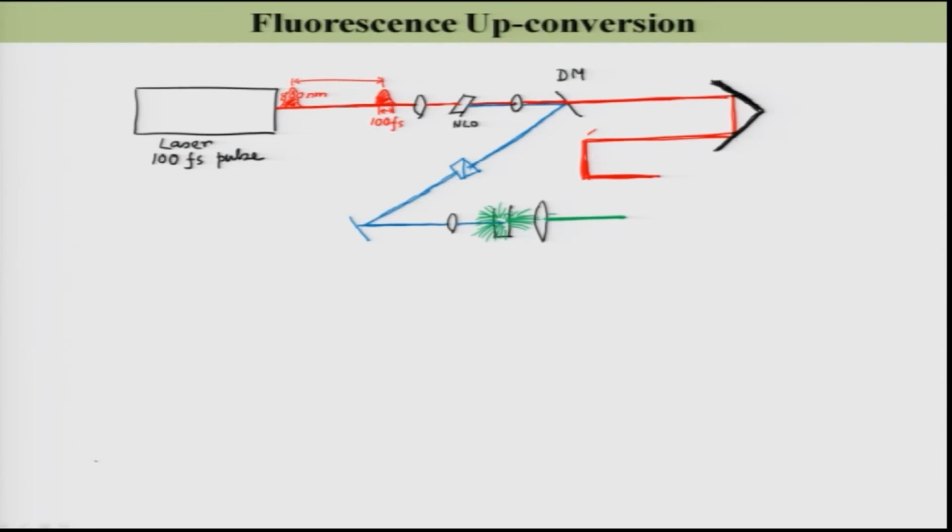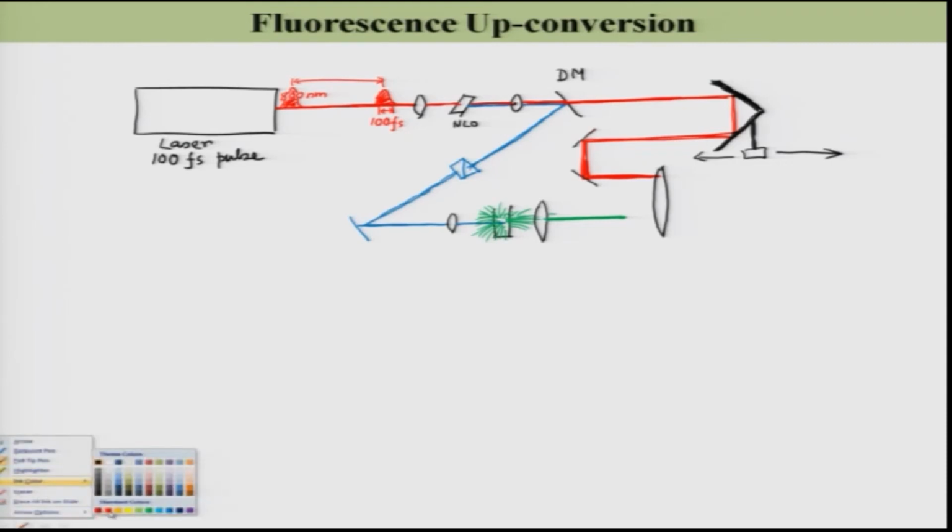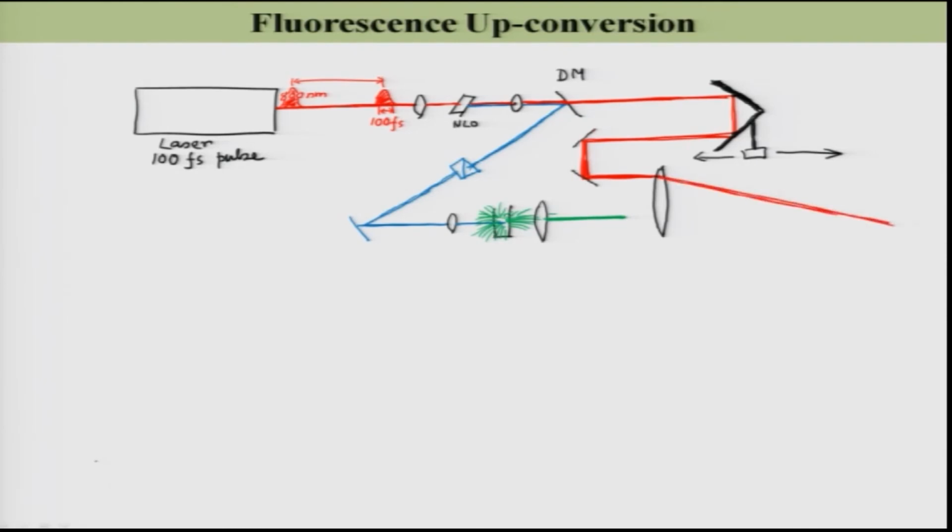But this whole system is mounted on a stage which you can either push in this direction or take in the front direction. Then you have a mirror here, another mirror here, and you put a big lens over here, so that this light will get focused in this pathway, and your fluorescence will also be focused along this pathway.